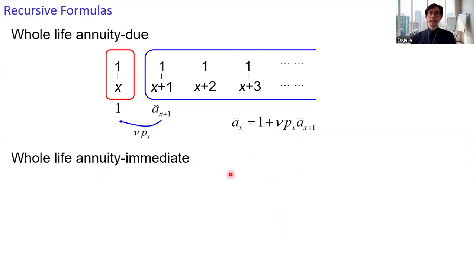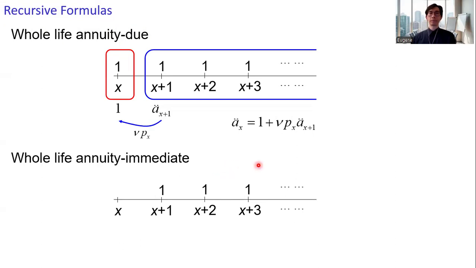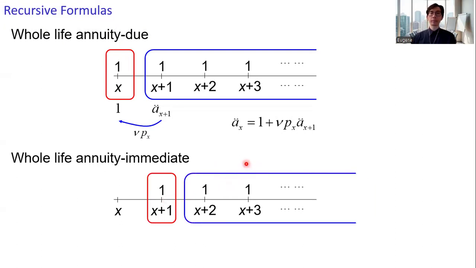For annuity immediate, again, we split the payment into two parts, the first payment and the remaining payments. If the individual survives to age x plus 1, the individual receives this $1, and therefore the corresponding actuarial present value of this $1 at age x is 1 times v p_x.